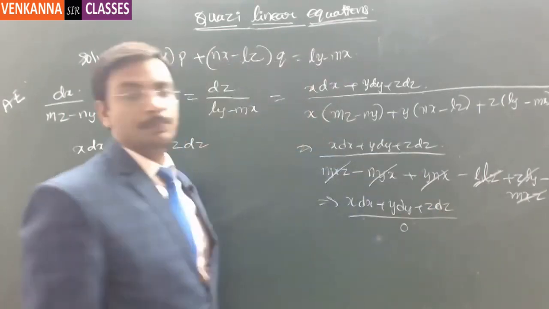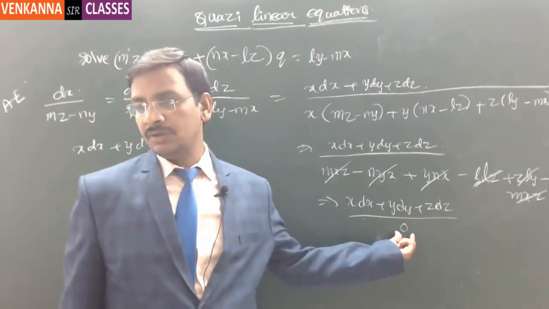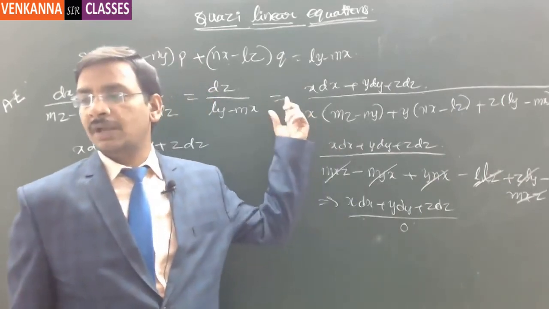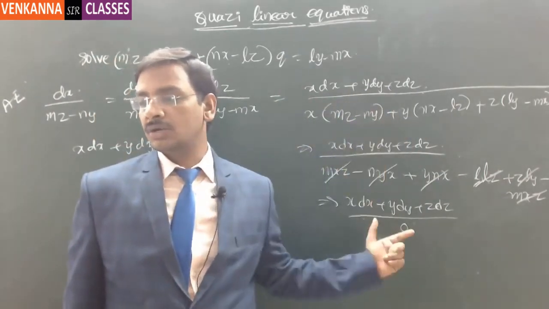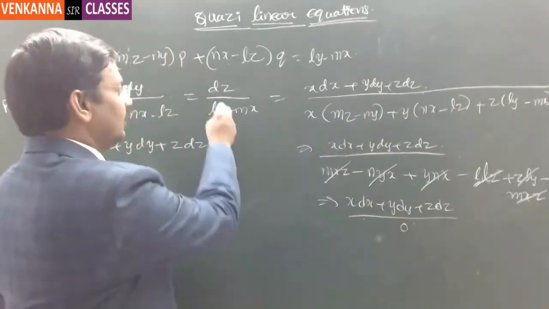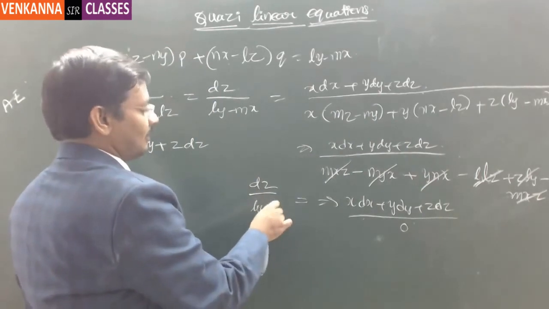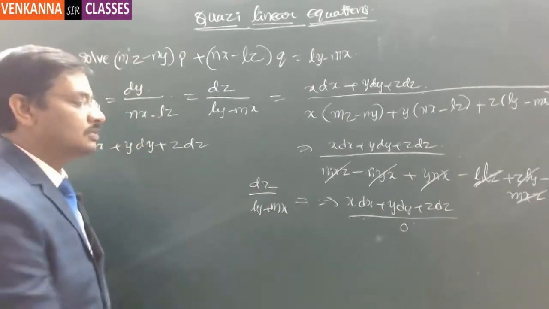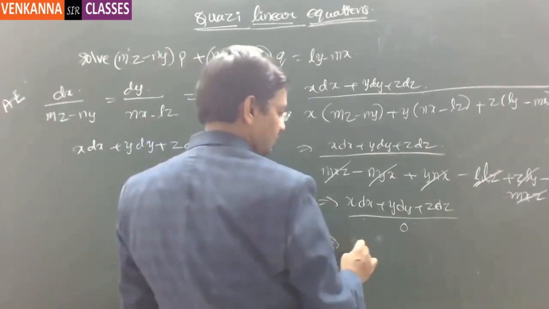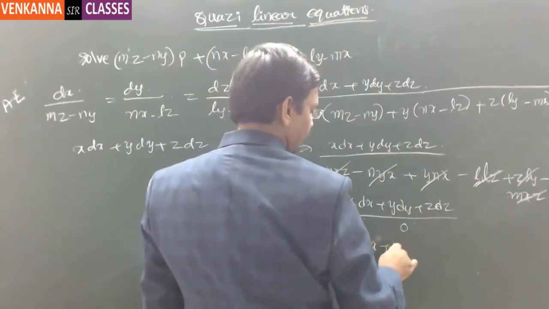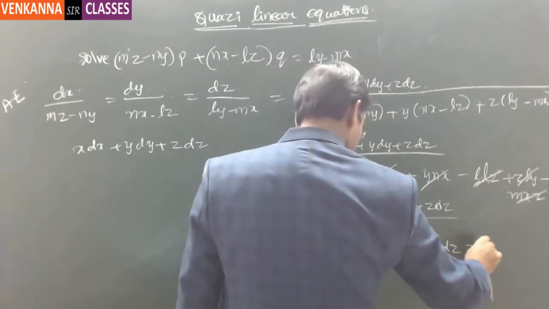So this is one of the important methods. You have to identify this form as 0. For that, you can identify appropriate values by which you multiply and make the denominator 0. Then if you equate it to any of these, for example dz by (ly minus mx), then this 0 getting multiplied here will give a simple equation, x dx plus y dy plus z dz is equal to 0.